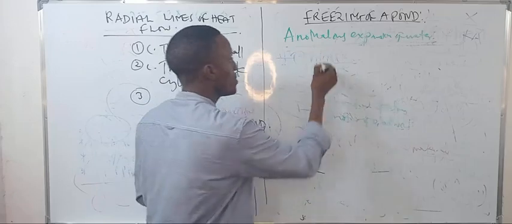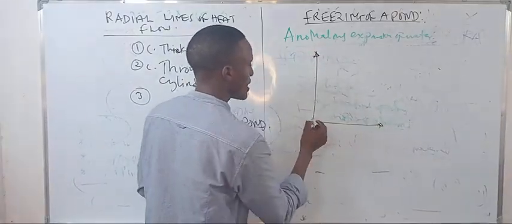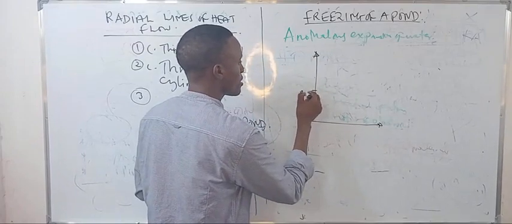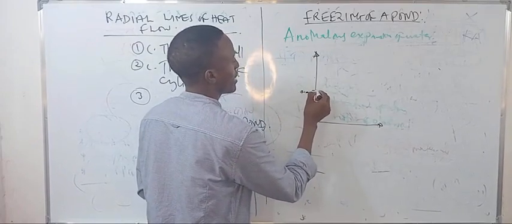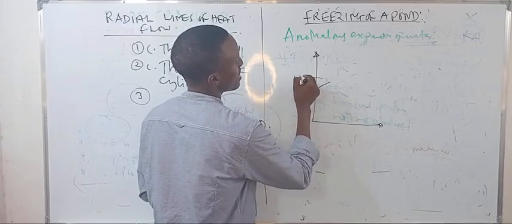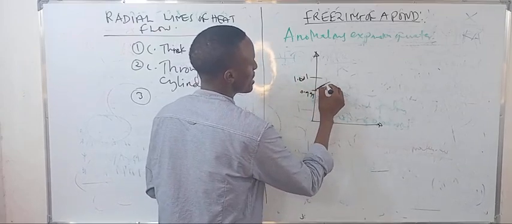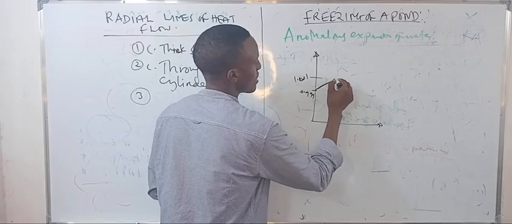When defining it, you say it is an increase. For example, the density, let's say, is 0.9999, and it tends to increase to about 1.000 something. So it tends to increase its density.